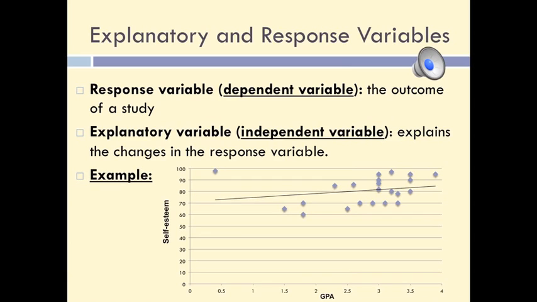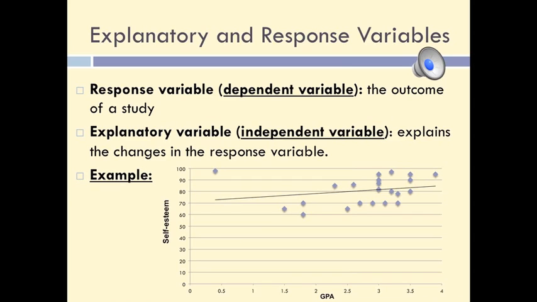The explanatory variable is the variable that we use to explain or to predict the response variable. We also call the explanatory variable the independent variable because it is not a function of another variable. While with correlation the order of the variables doesn't matter, in regression the order of the variables is very important.